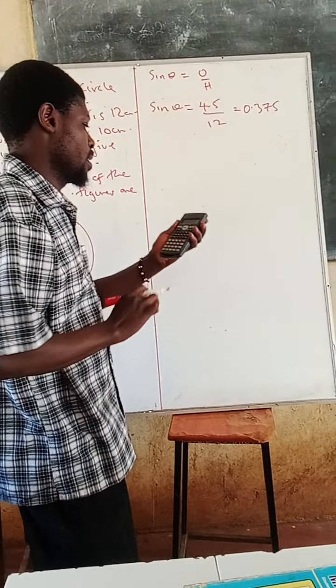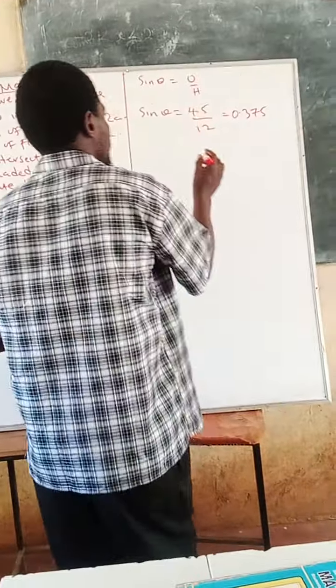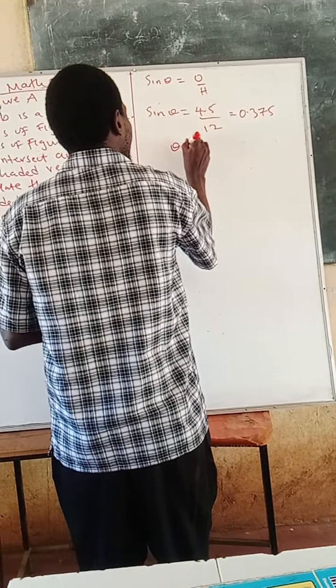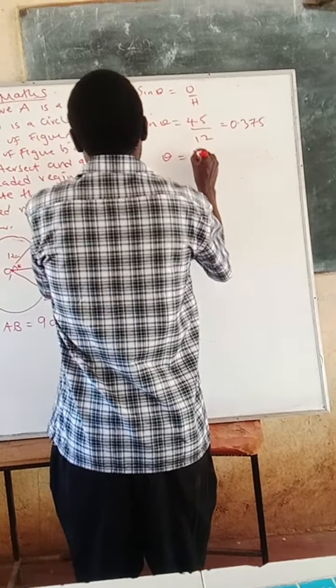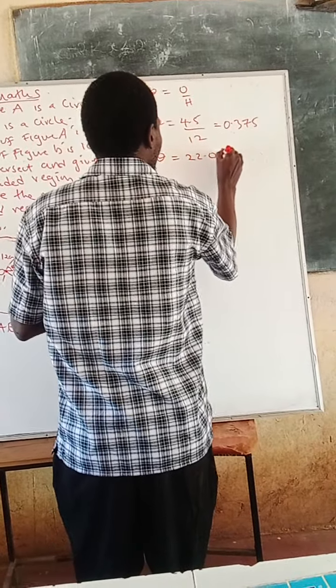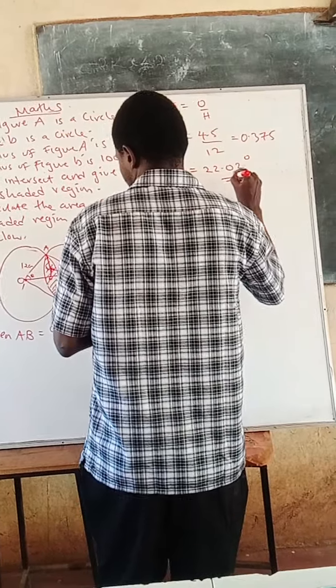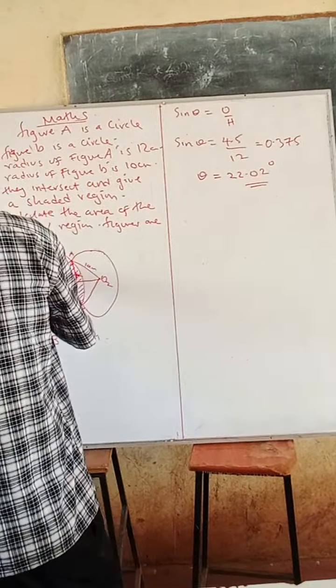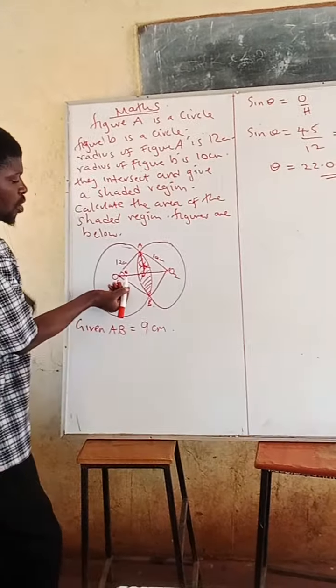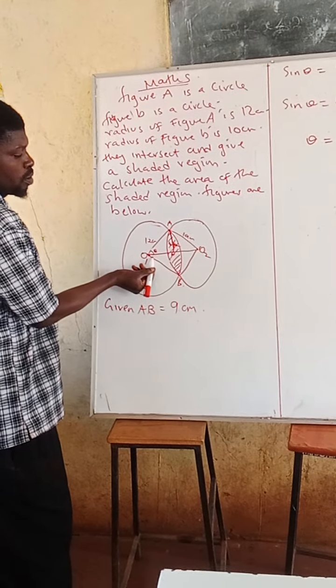We get 22.02. So theta becomes 22.02 degrees. That's our first theta. Remember, this angle is the same as this angle.